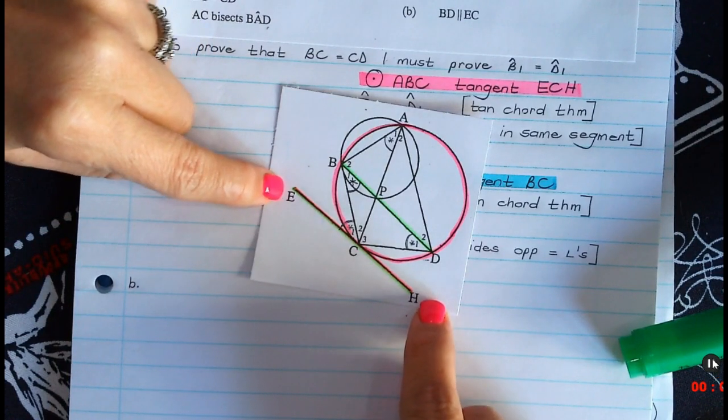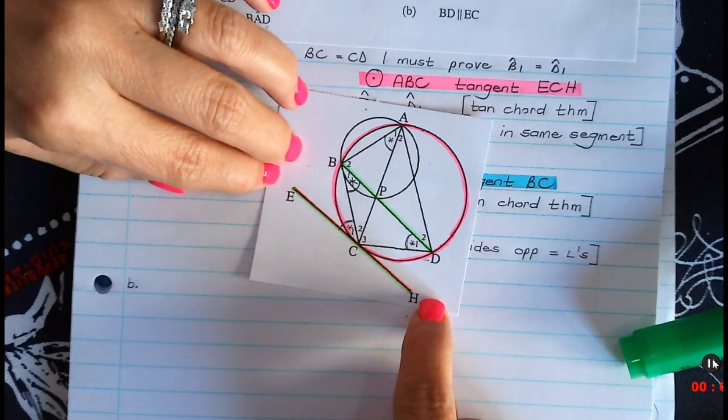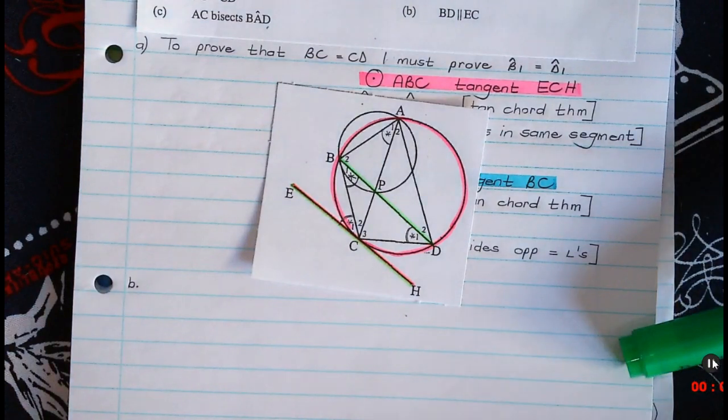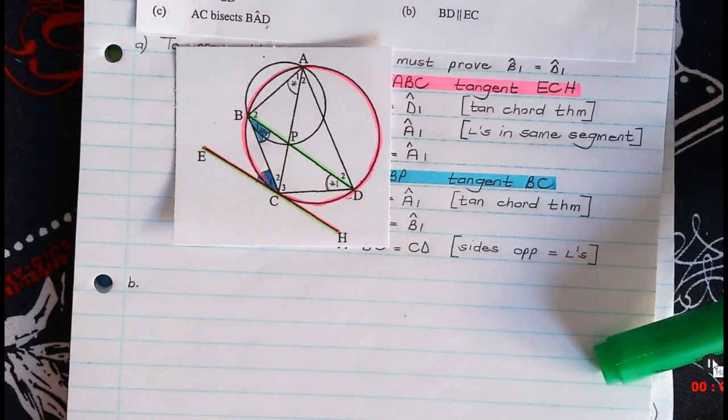Now I can see that angle B1 alternates with angle C1. They are not just alternating, but they are also equal. So because they are equal alternating angles, it means that BD is parallel to EC. Let's write that down.